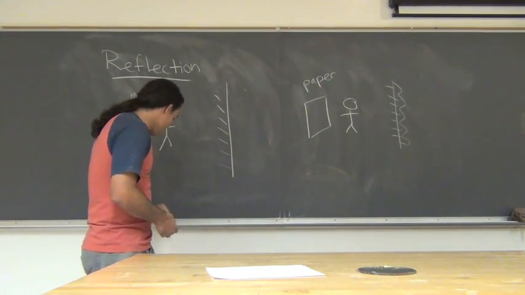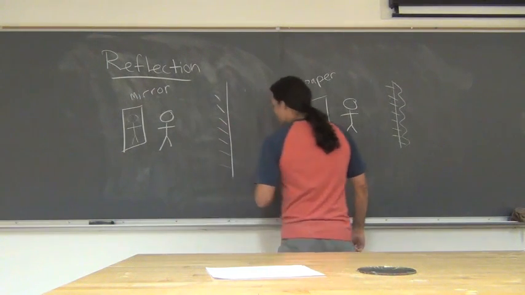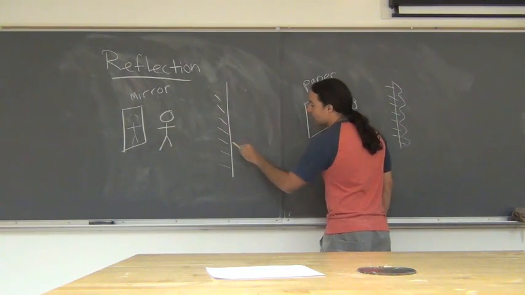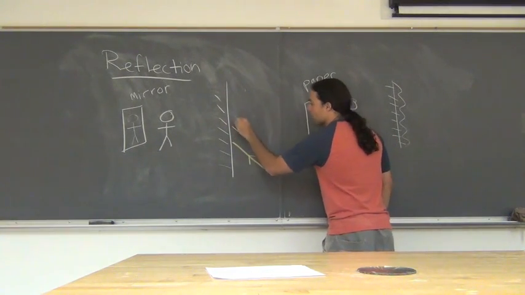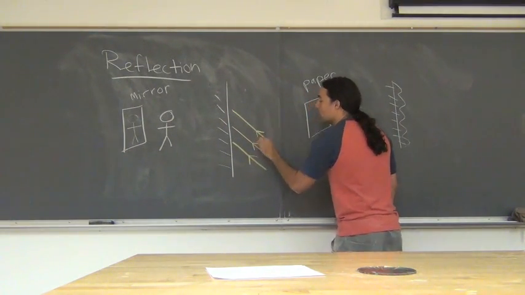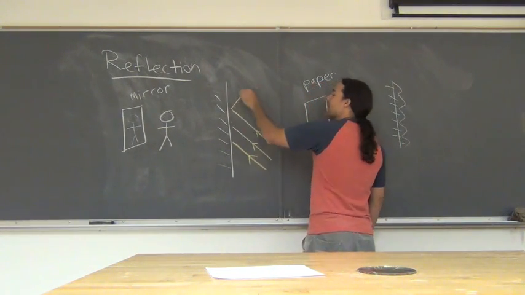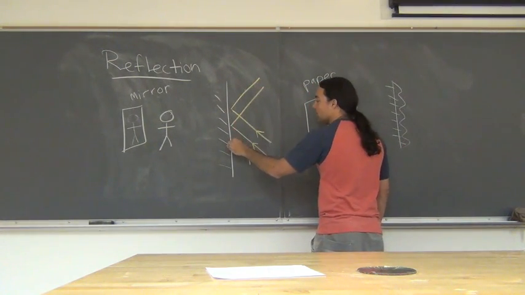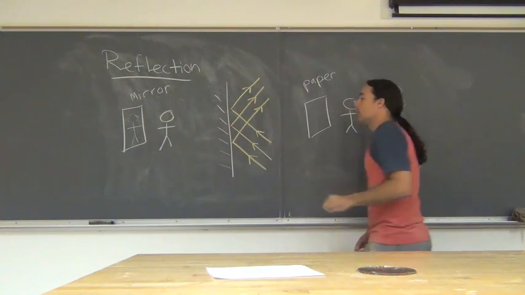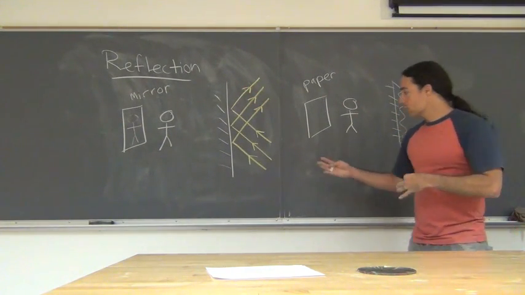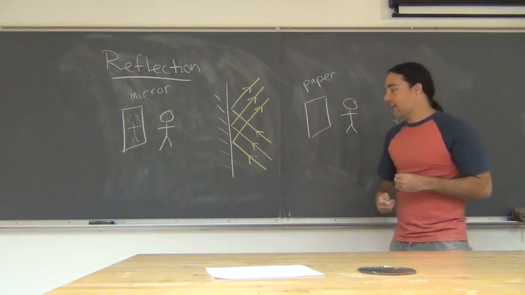So if I were to look at the light rays that are coming into the mirror, what you would see is that a sizable percentage of them come in like this. Here's a few, they're all coming in. And they are going to reflect back, but they're all going to reflect back in unison, so that any image created by the light that came in is going to be reflected back almost exactly.